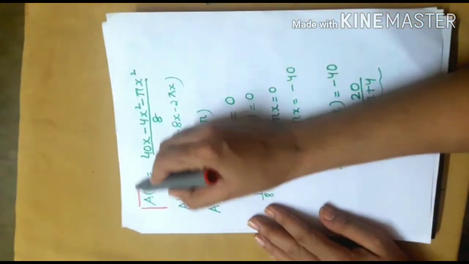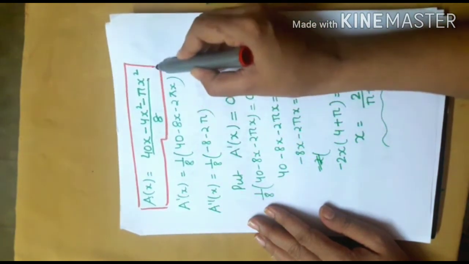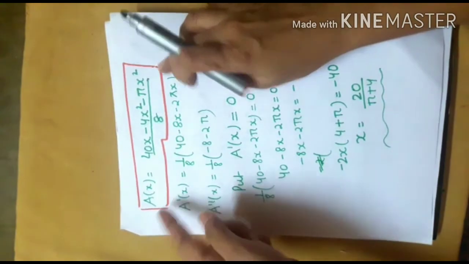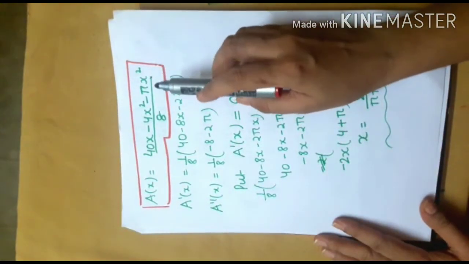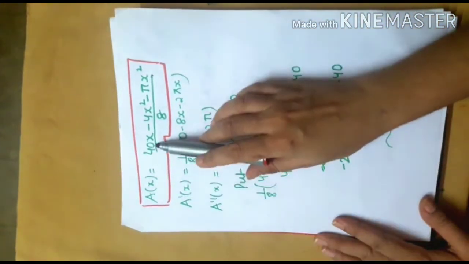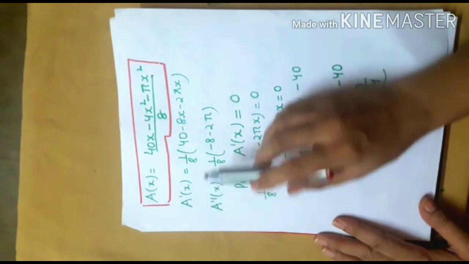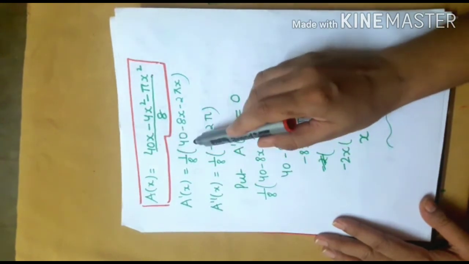Now this is the area of the whole window which I need to maximize. So I'll get the critical points, and to get the critical points I'll find the derivative. So I differentiate this with respect to x. The derivative of 40x will be 40.